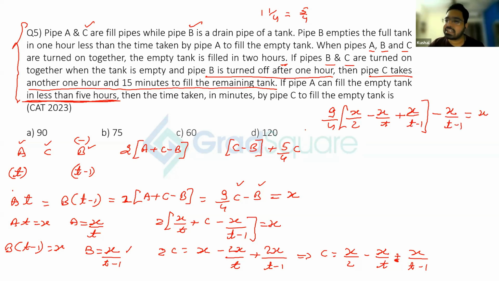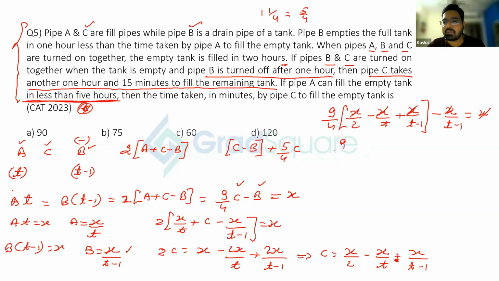You will realize every term has got an x in it. x can be cancelled. So if I remove x from the entire equation, I'm left with only t, and this will give me a quadratic equation. This then tells me that t must be less than 5 hours is what the question was talking about. So that gives me one more piece of information to use. Let's try and solve this.